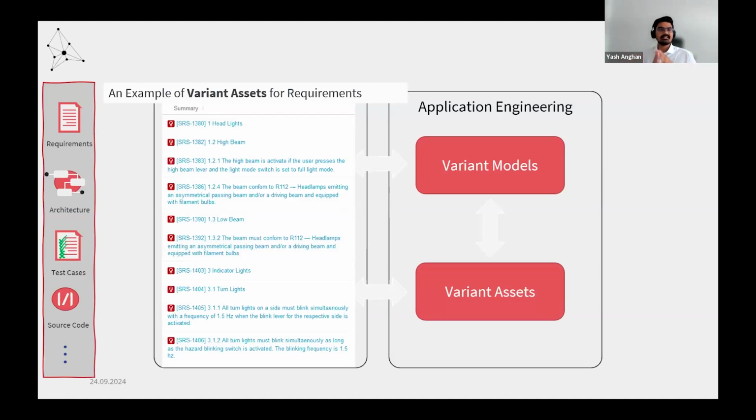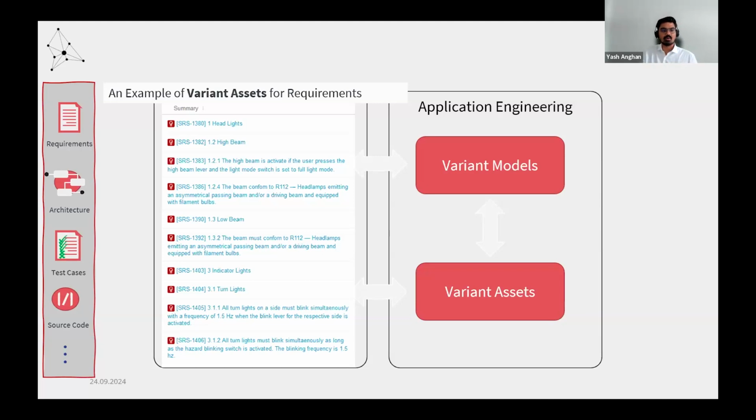So we also have this working set transformation. Transformation is a process where you are able to derive a variant specific asset. So you only include the requirements which are relevant for your variant. You only include those architecture models and source code which are really variant specific. And as a last step, you see only those requirements included which are really specific for your variant.